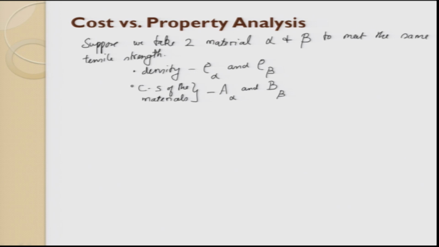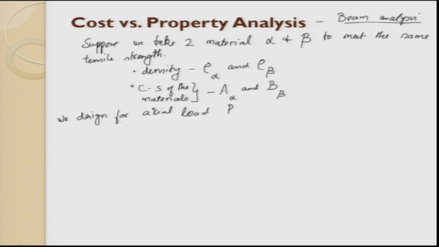Okay. So if we design for axial load P, the cross section area of the beam. What are we trying to do? We are trying to do a beam analysis with respect to cost.